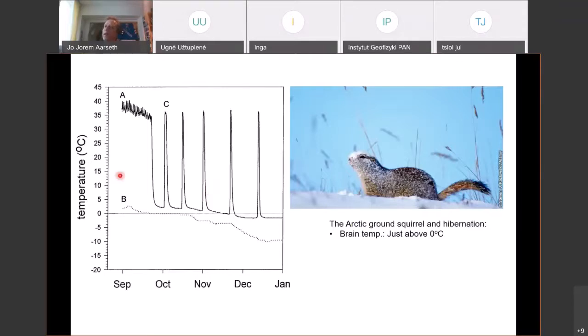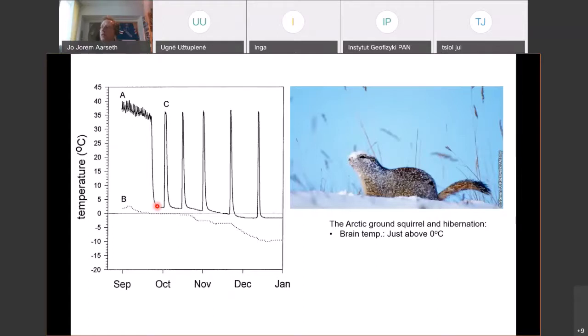And you look at this temperature scale, the medium body temperature for the Arctic ground squirrel is approximately 37-38 degrees. And you can now see that turning off these different organs will allow the body temperature to decrease, and then it saves a lot of energy.